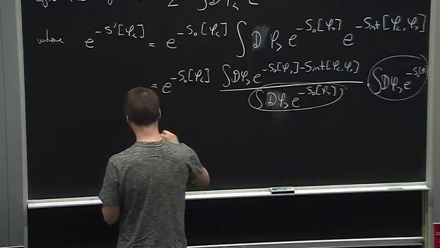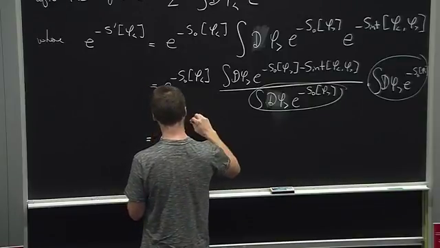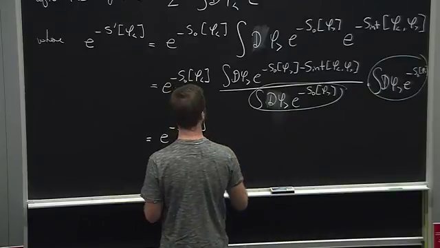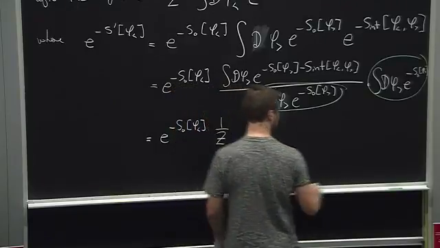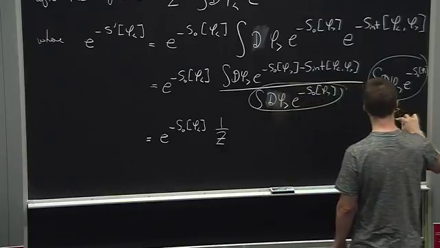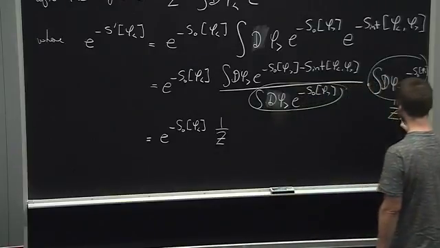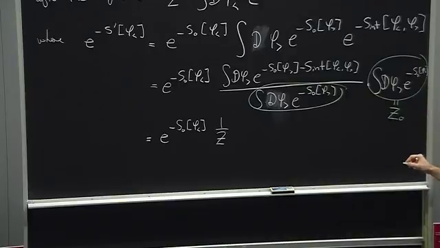Okay, so let me call this Z naught, it's Gaussian, but it's also fast.